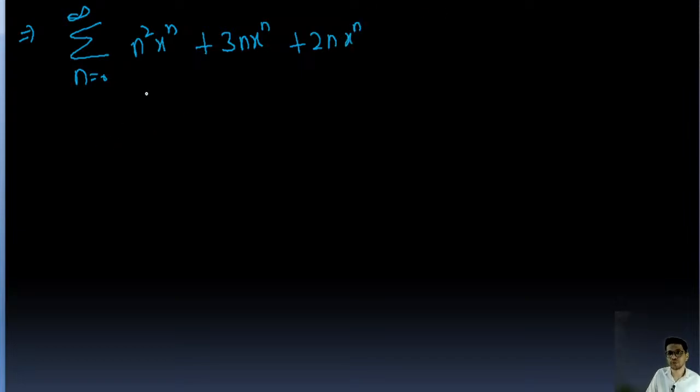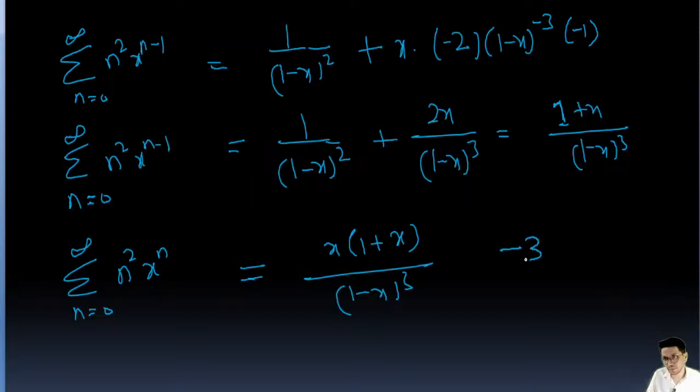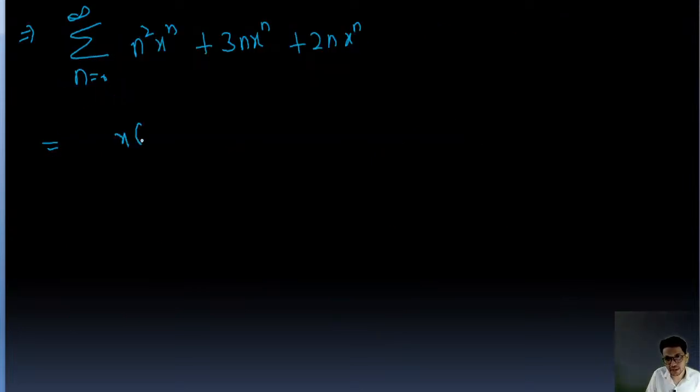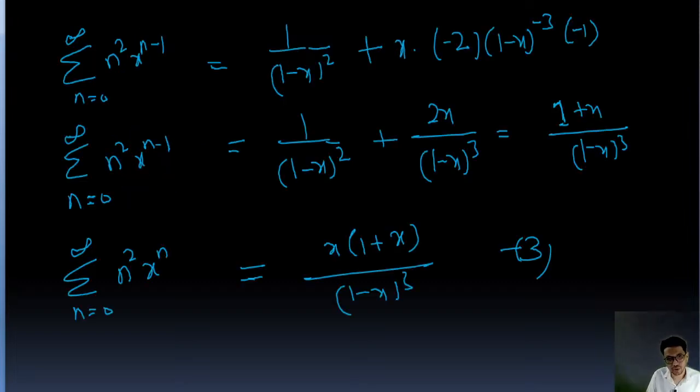This value is going to be this value, and this sigma n equal to 0 to infinity n square x to the power n value is this. This is equation number 3, we can say, right? So we can write x into x plus 1 upon 1 minus x whole cube, right?